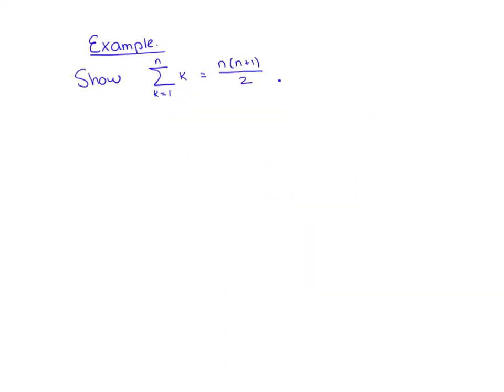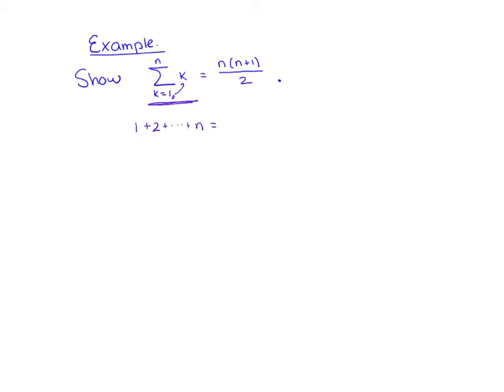Let's see an example of what an inductive proof will look like. So here we're asked to show that the sum from k equals 1 to n of k is equal to n times n plus 1 over 2. If you're not familiar with this notation, big sigma stands for sum, so I'm adding things up, starting with k equals 1, so I get 1 plus 2 plus, and I keep going all the way to n.